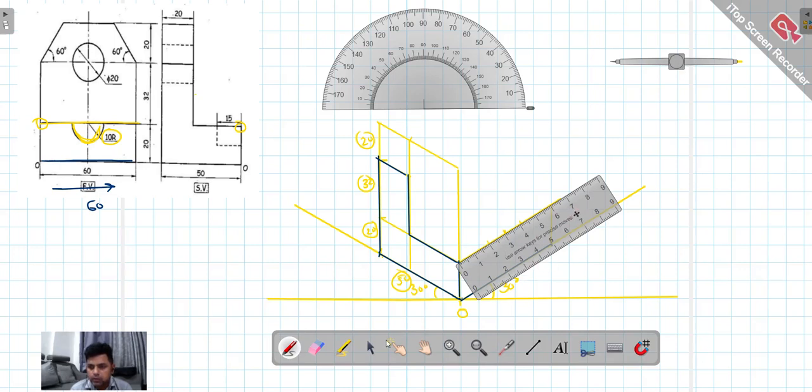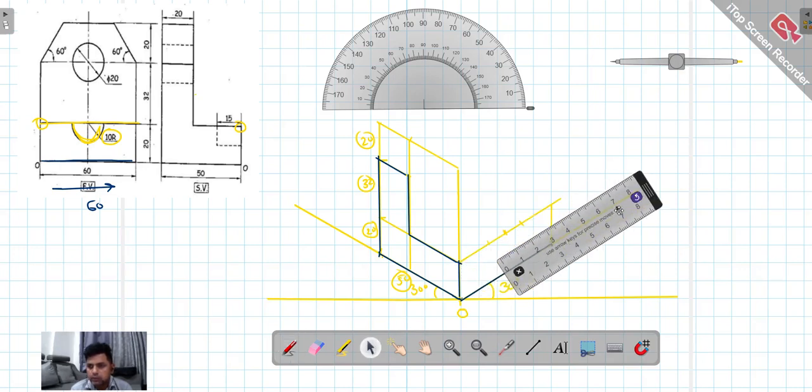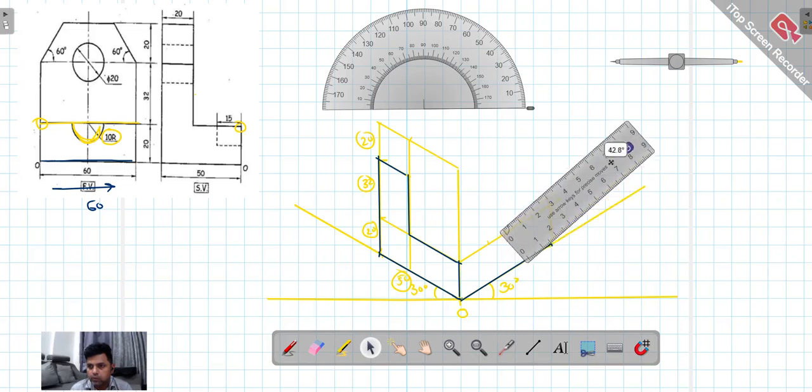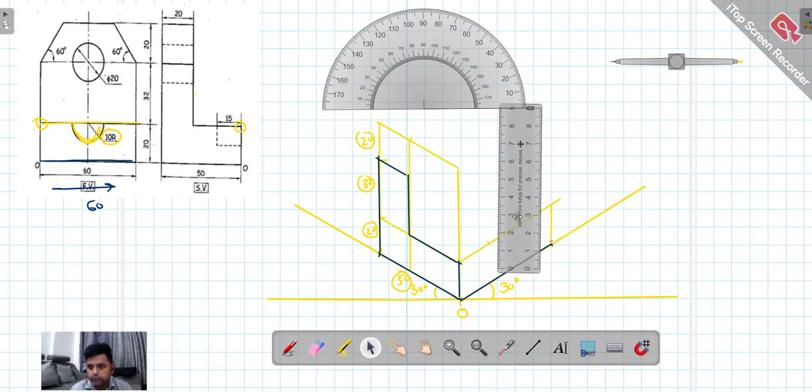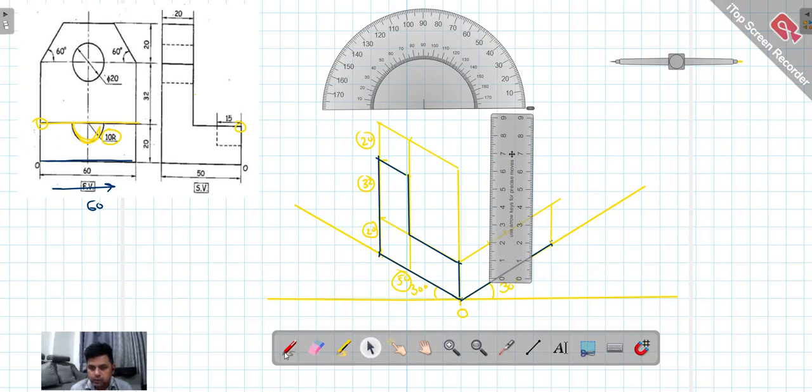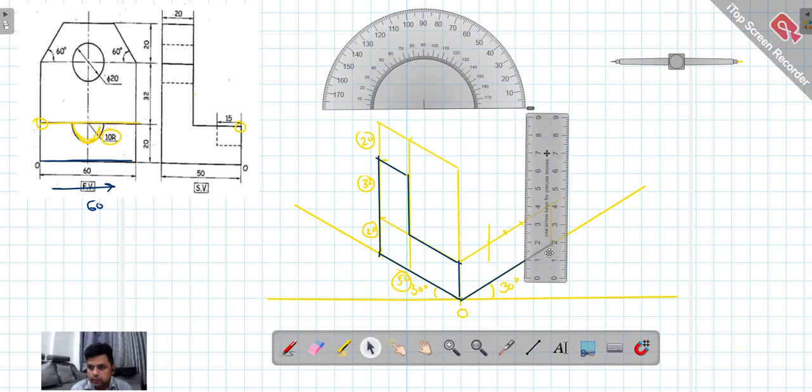And using the scale, I will draw a square. So see how I'm drawing. I'm taking these two here. So this one, okay, this is 10 mm up to 3 is 10 mm. Okay, so I'll move the scale here.